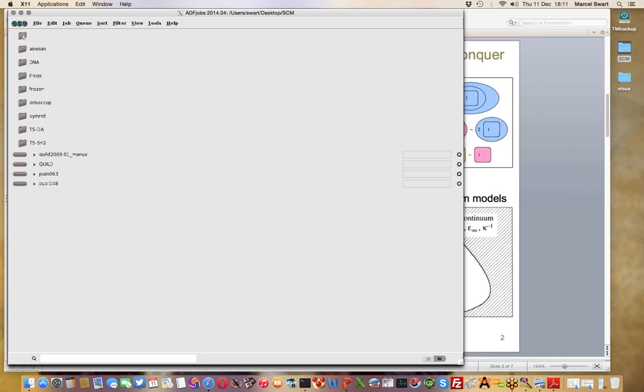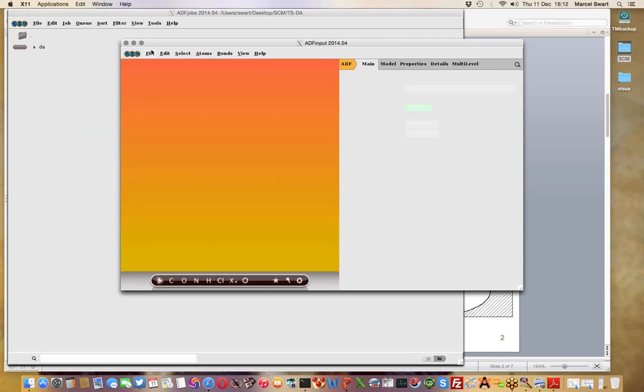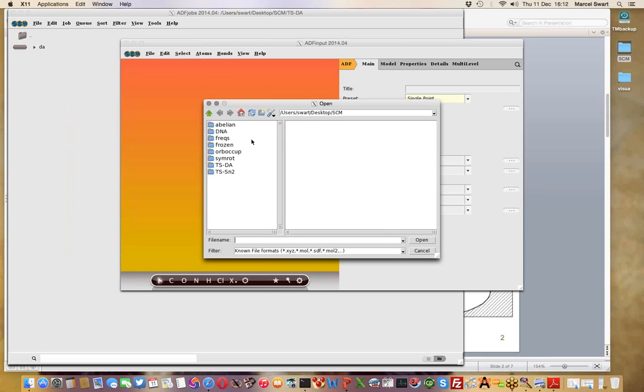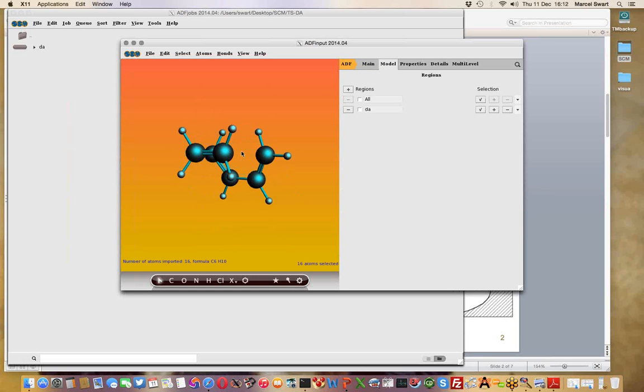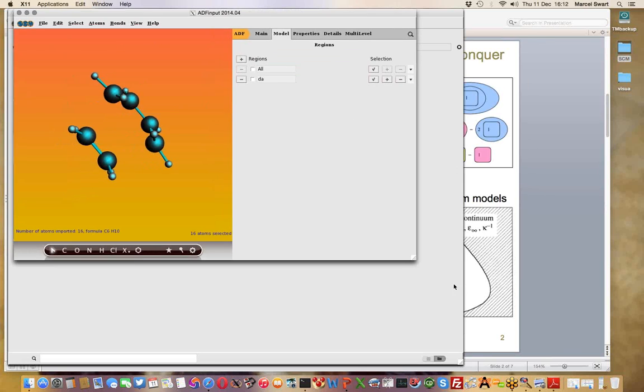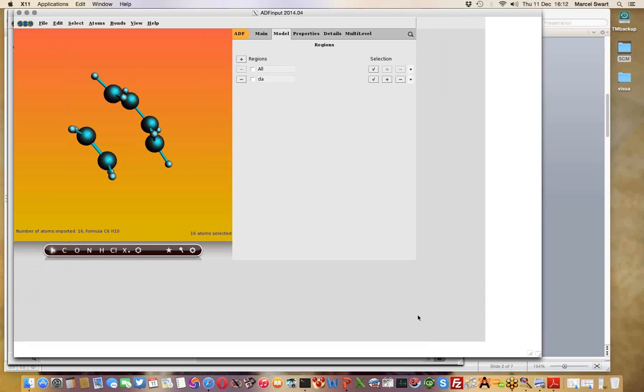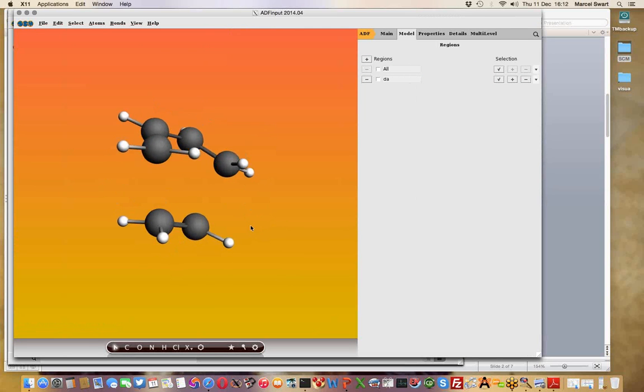Another example where you can use the same approach is, for instance, the Diels-Alder reaction. This is in this case the reaction between butadiene and ethylene, where these bonds are being formed.